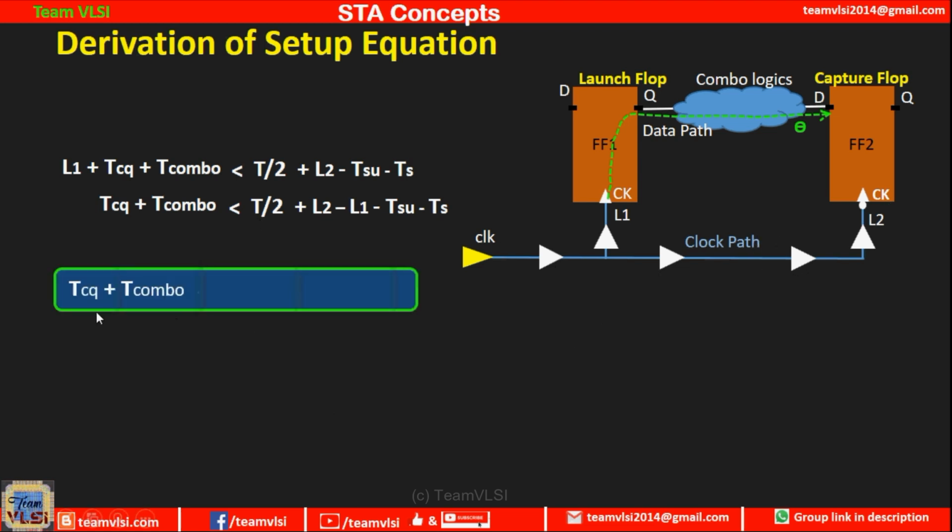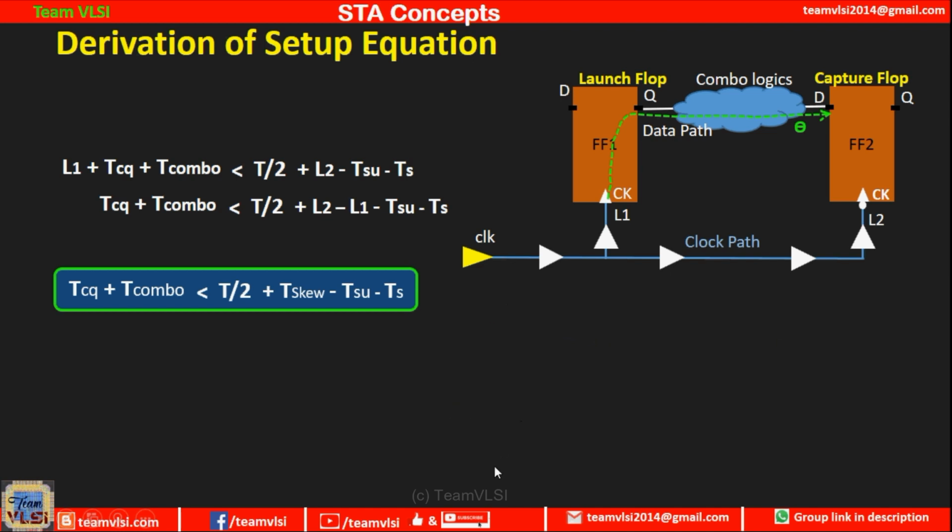So we can write that the clock to Q delay plus combinational delay should be less than half of the clock period plus skew between these two minus clock uncertainty minus setup time. So this is our final setup equation, right?